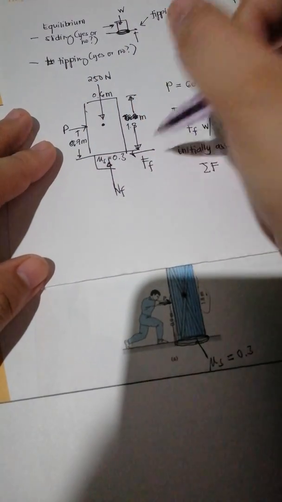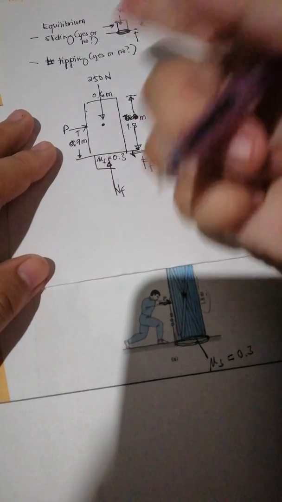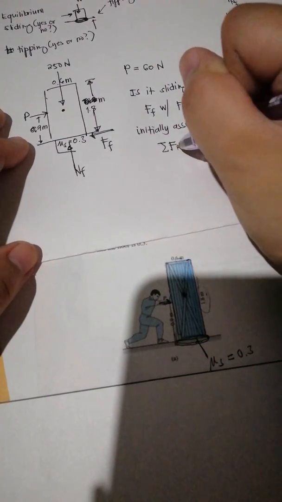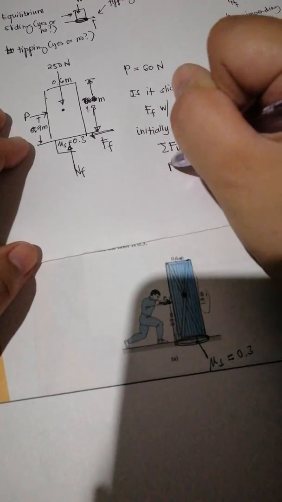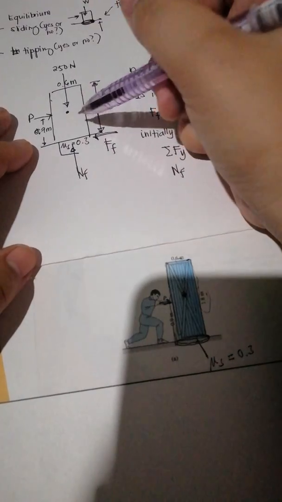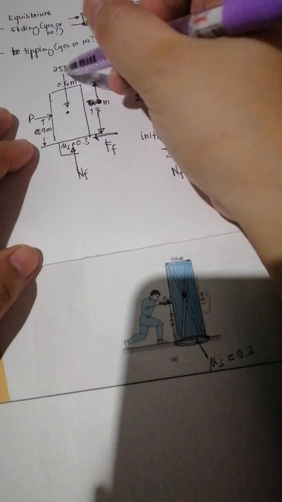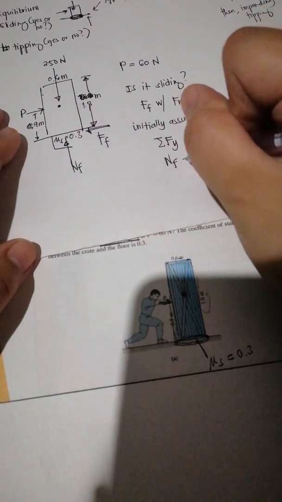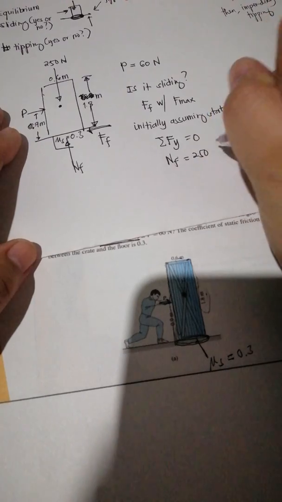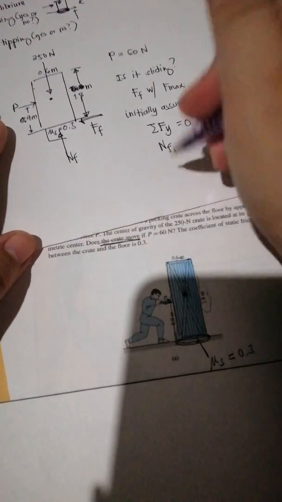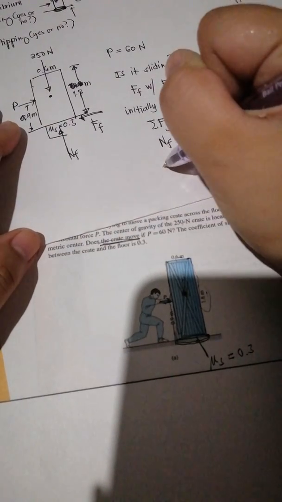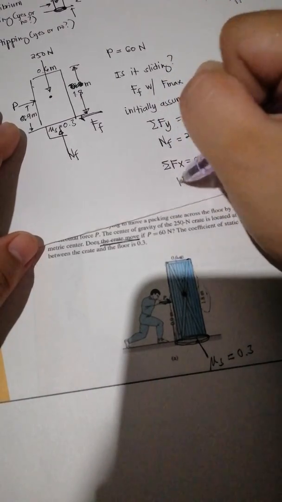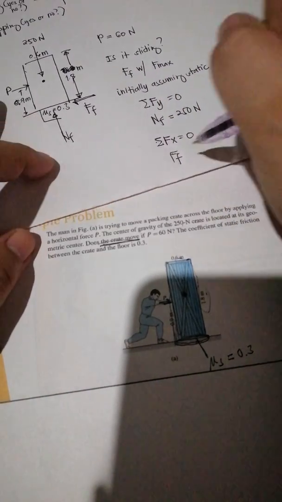Friction force obviously is opposing the direction of possible movement due to force P. So, sum of forces Y: normal force, no other vertical forces but the weight, and the normal force is simply equal to the weight of the crate.